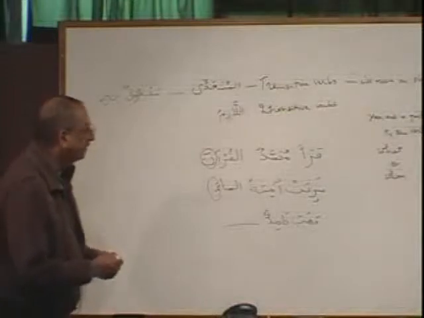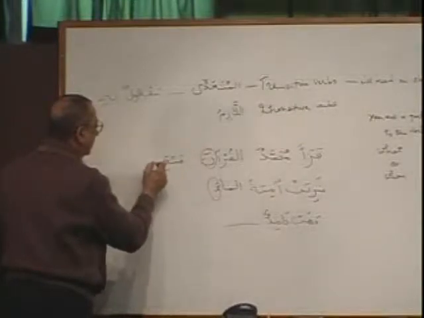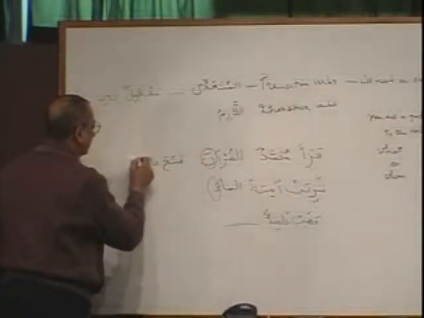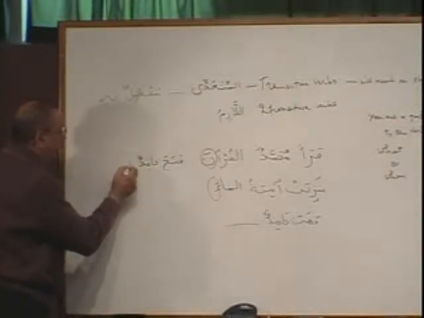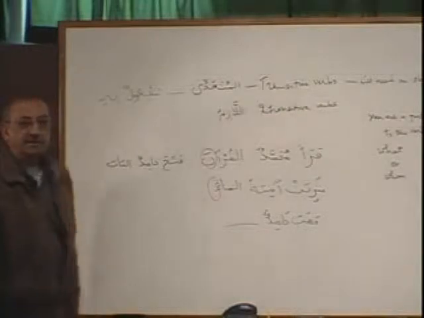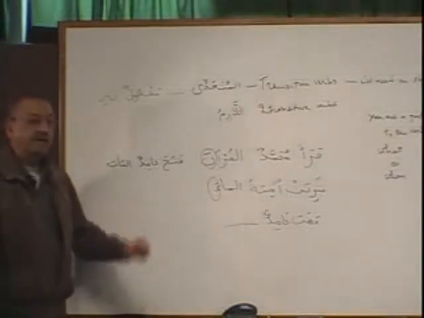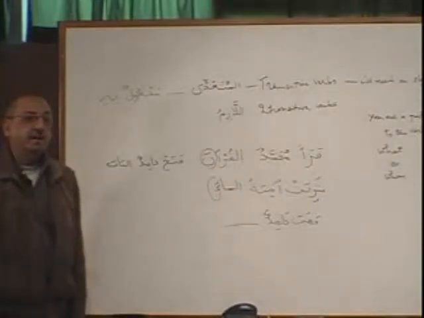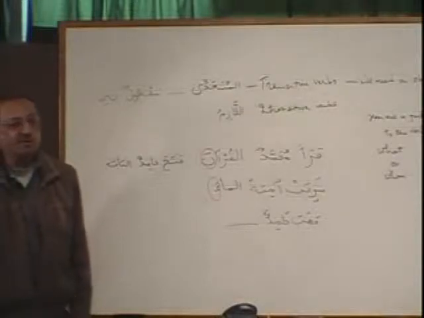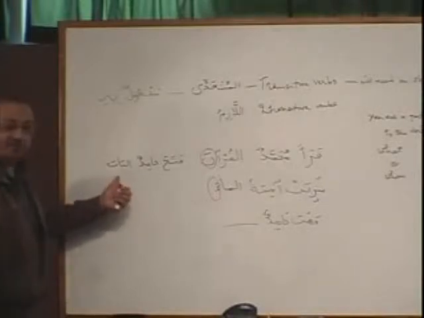Now if I say to you, Fataha Hamidun, okay, al-baba. Fataha Hamidun al-baba. Fataha, he opened, Hamid opened. Ask a question. Opened what? The door. So this is your maf'ulun bihi.